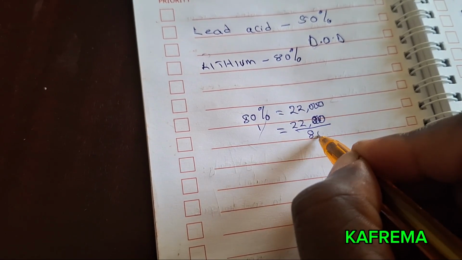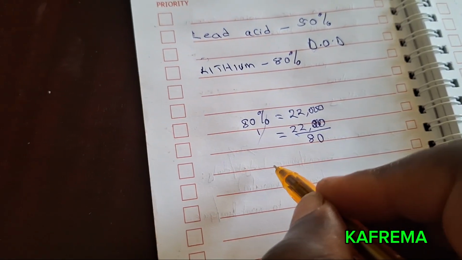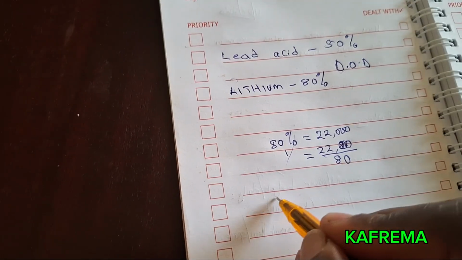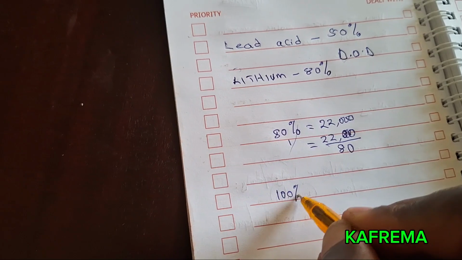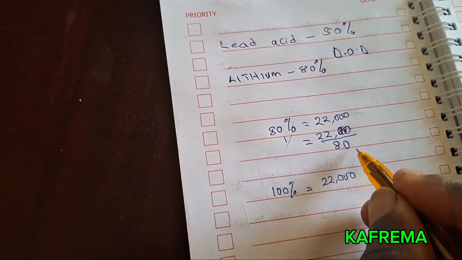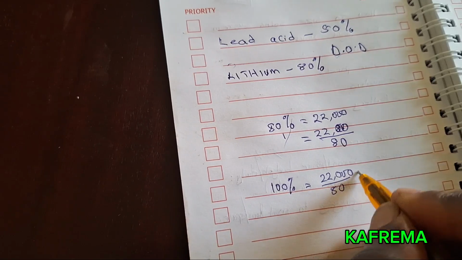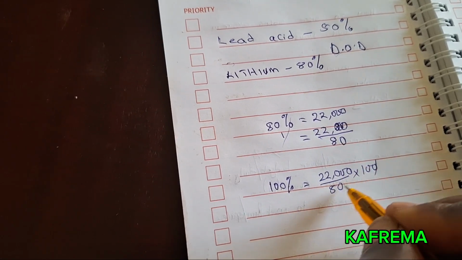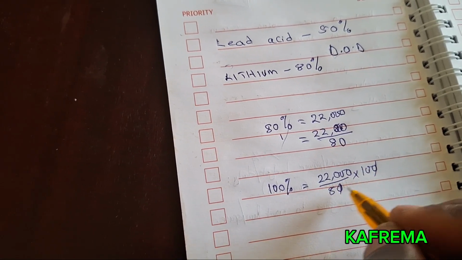You divide both sides by 80. So if you want 100%, it will be 22,000 divided by 80 times 100.